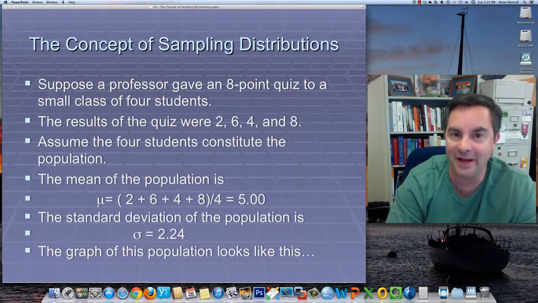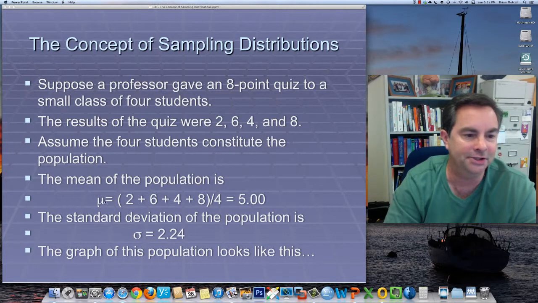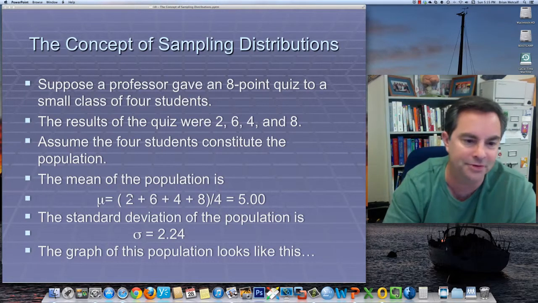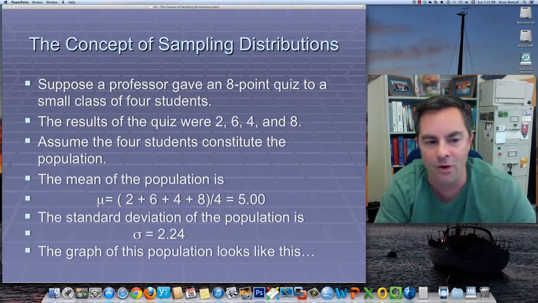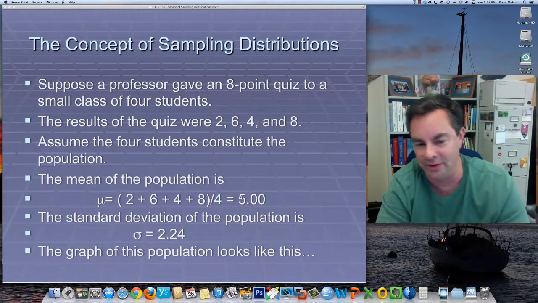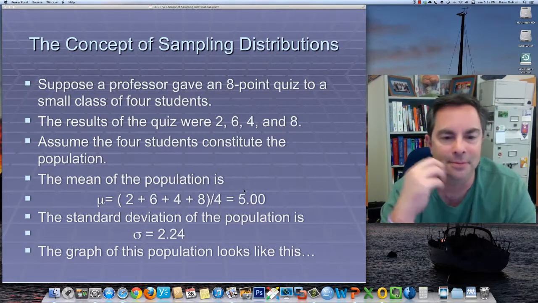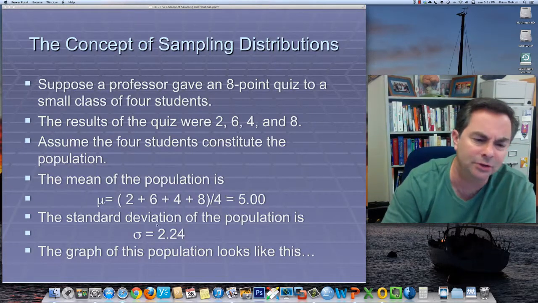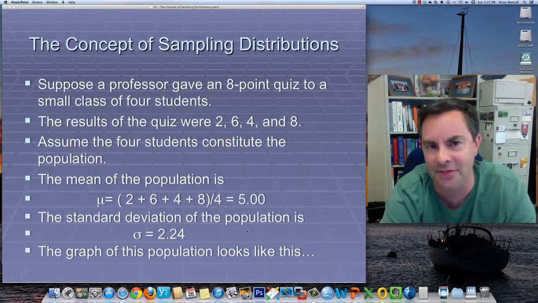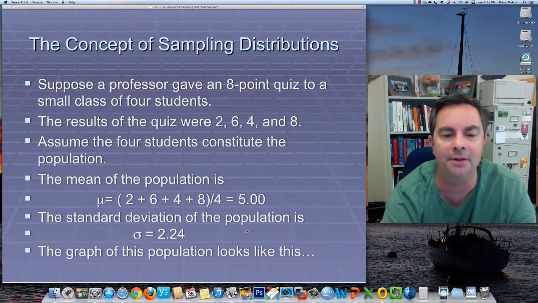And so we can calculate the mean of that population, which we'll call mu. The population mean is, of course, going to be equal to the 4 scores added together and divided by 4. So you add those up and divide by 4, and that equals 5. So the mean score is a 5 on this quiz. I don't show the work here, but likewise we can calculate the standard deviation for the population.